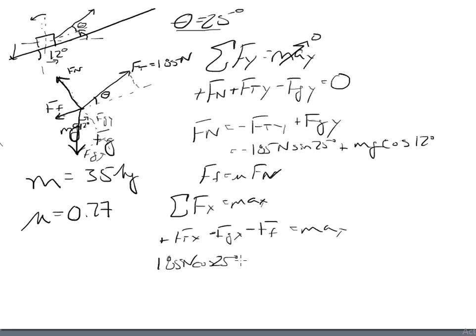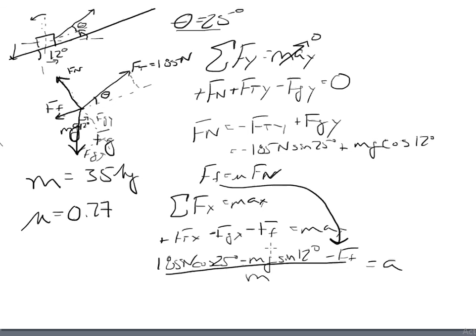So this should be minus mg sine of 12 degrees. This force friction is what we calculated a second ago, and all we need to do now is simply divide by mass, and there's our acceleration. And that's how you do that. If you need a little bit more instruction on the math, I'd be happy to shoot that in another video.